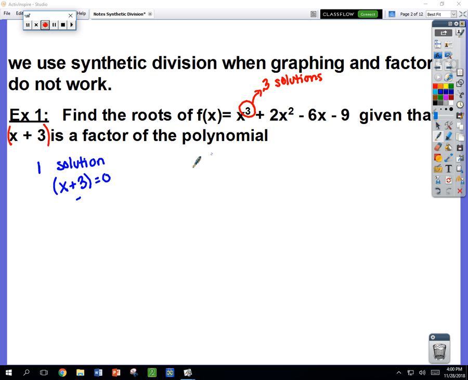When I set it equal to 0, I would solve for x. So I know that one of my solutions is x equals negative 3. So when I'm listing all my answers up here, x equals negative 3, that's one of the 3 answers. And I know that that's a real and rational answer.